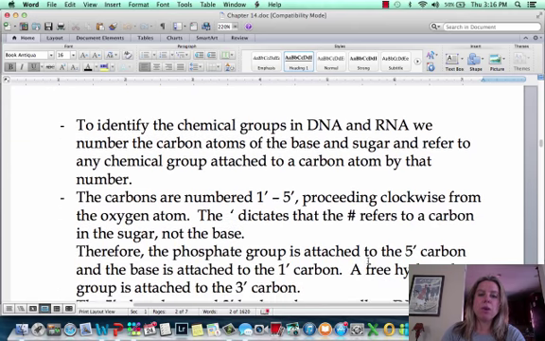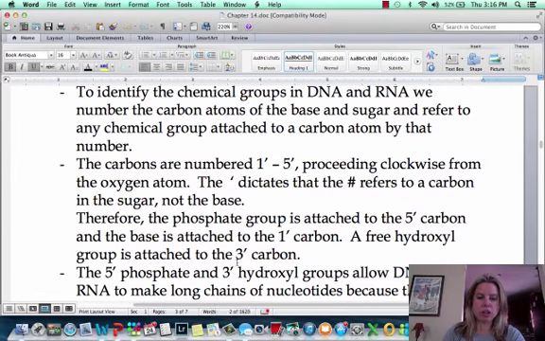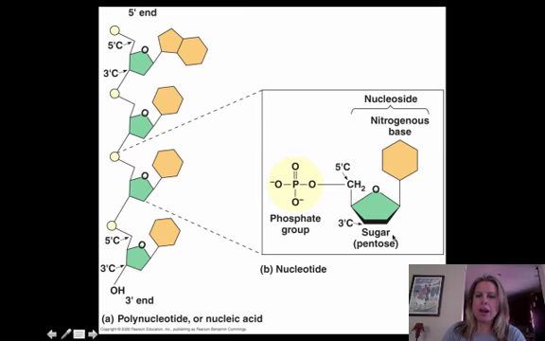Okay, so when we look at that 5-carbon sugar again, we're talking about this right here. Remember how I told you a while ago that every point in a drawing like this is a carbon. So if we are talking about the different carbons in the sugar, we want to label them so we know which carbon we're talking about. Here we have carbon number 1, carbon number 2, 3, 4, and 5 is up here.